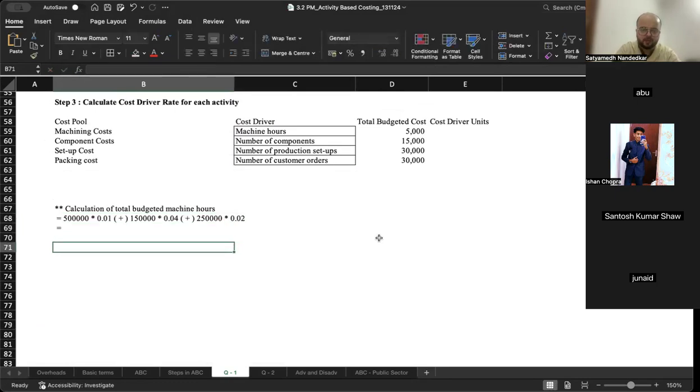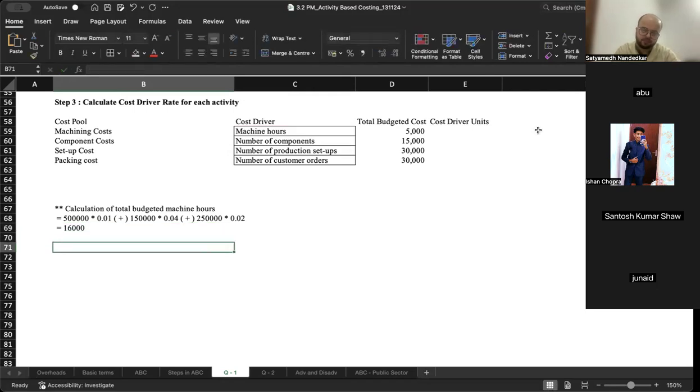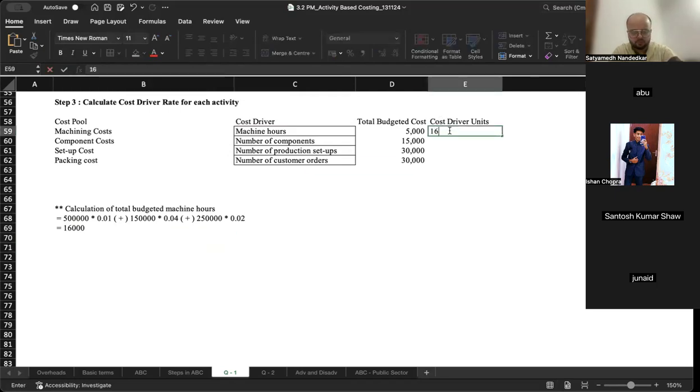How much is this going to be? 5 lakh into 0.01 plus 1,50,000 into 0.04 plus 2,50,000 into 0.02, 16,000. Cost driver units are important because ultimately I need to calculate my overhead absorption rate.